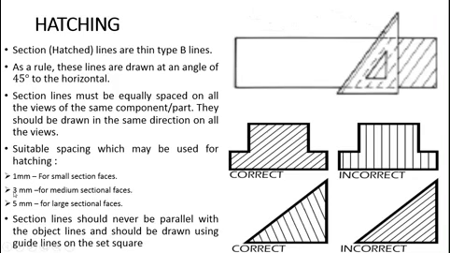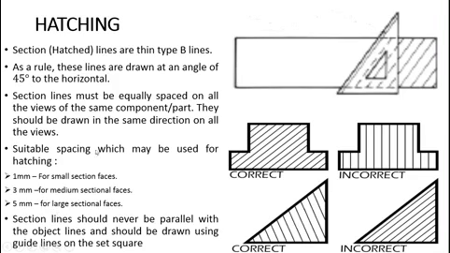Then you have 3 millimeter spacing for medium section faces. This is the one we are going to use most of the time. And then you also have 5 millimeter for larger section faces. This applies to parts which are big or large.